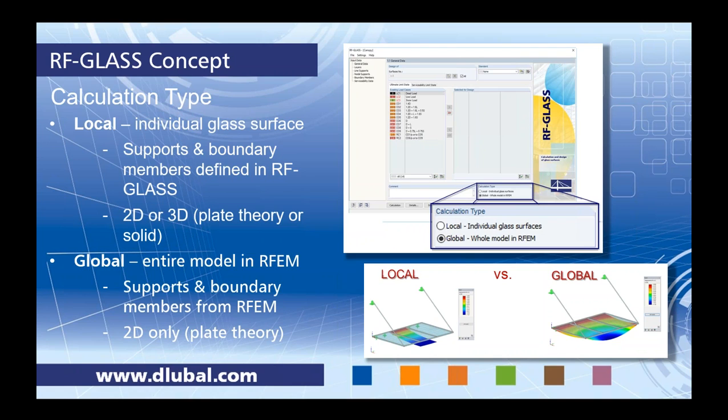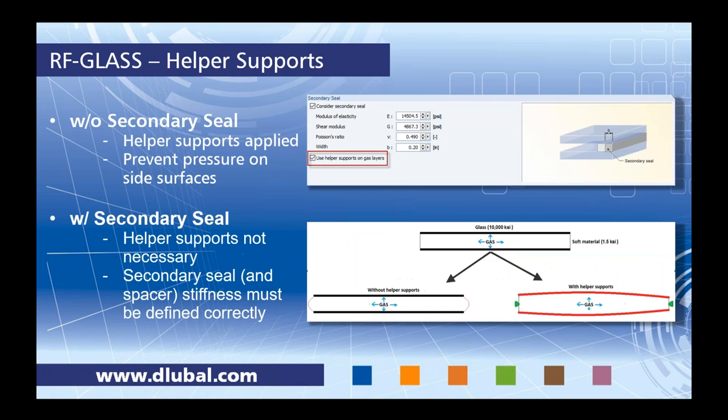The other reason is that the support types as well as the boundary members can be identified in RF glass in much more detail than what you could ever do in RFEM. So that's the advantage. Again, we'll see that when we go through some examples today of local versus global.